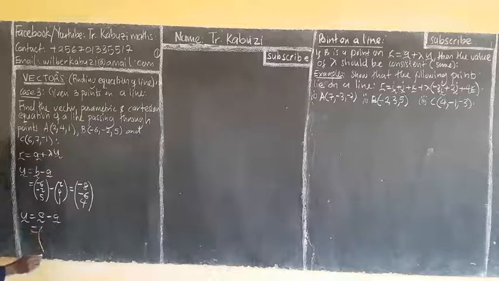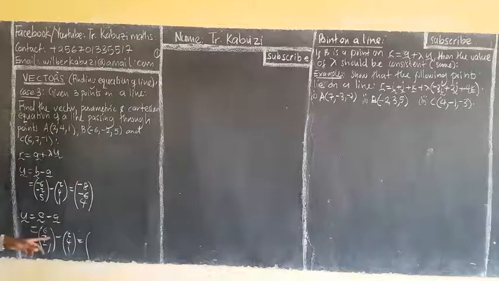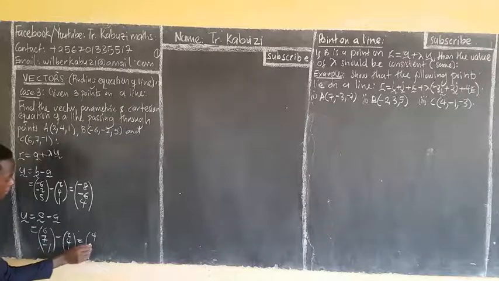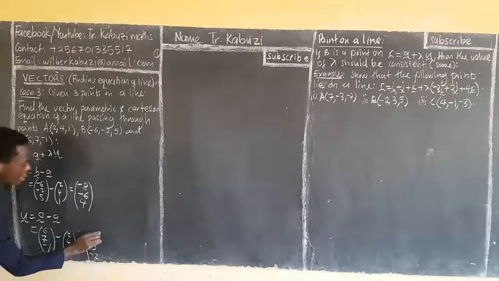My C is 6, 7, negative 1, then minus A, which is 2, 4, 1, this minus this. It will give me a 4, then 7 minus 4 gives me 3, then negative 1 minus 1 gives me negative 2.